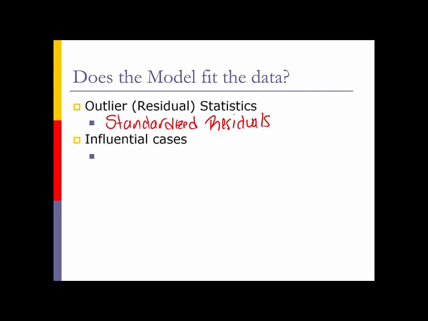They're not necessarily outliers, but they're simply having a pretty big impact on the model itself. To find out if we have influential cases, we're going to look at Cook's distance. Both of these things are generated through SPSS. All we need to do is evaluate what they mean.